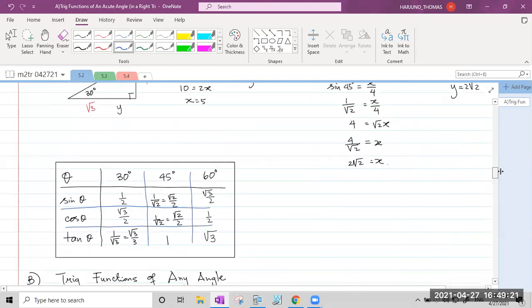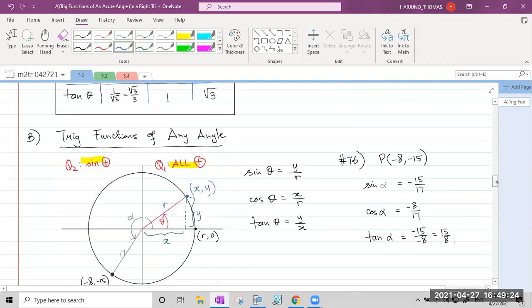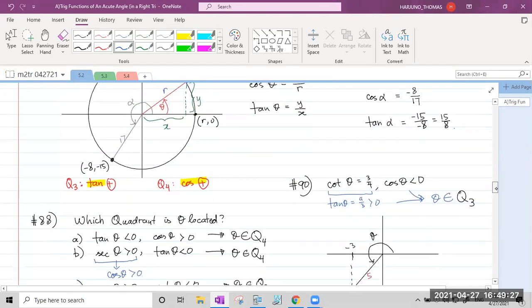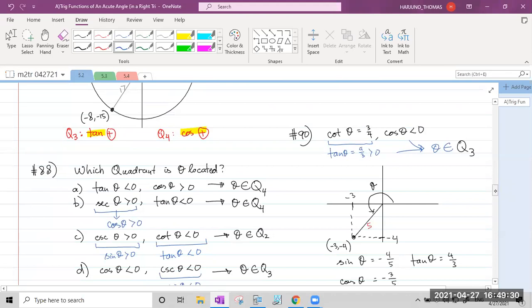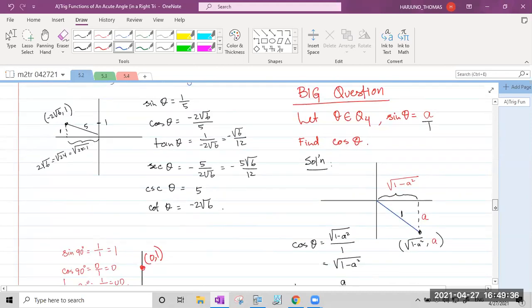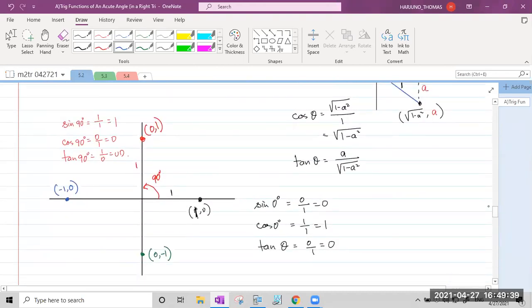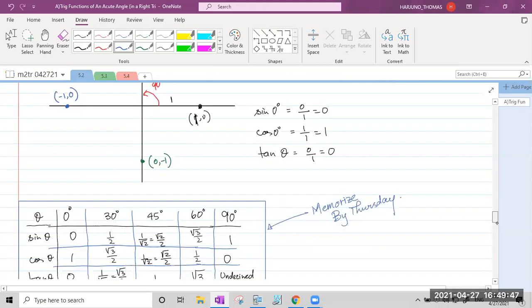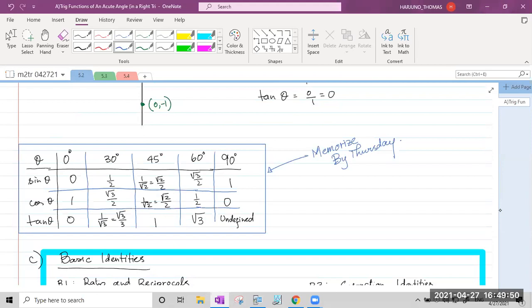Then we superimpose that right triangle into a circle with radius r so that we can get trig functions of angles more than 90 degrees, including quadrantal angles. What if the angle happens to fall on the x or the y-axis? Using that, we get an extended version of the special angles. Instead of 30, 45, 60 degree triangles, we can also now have 0 degrees and 90 degrees.